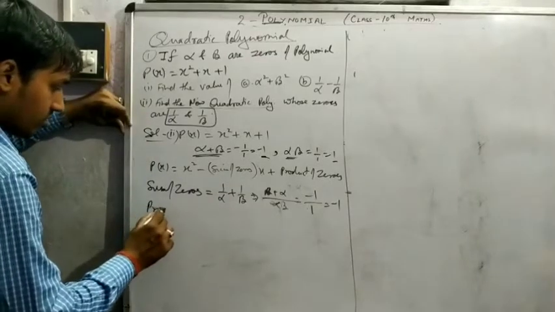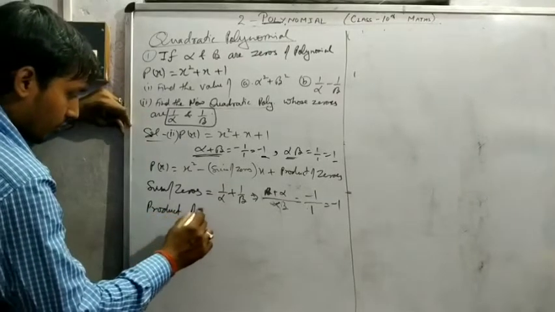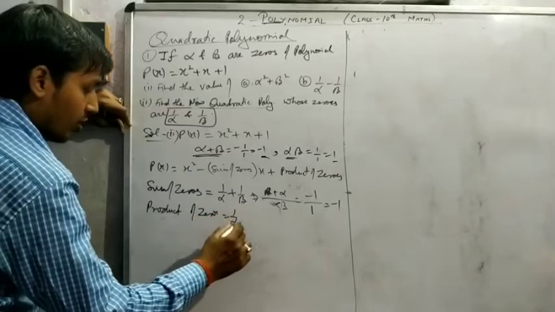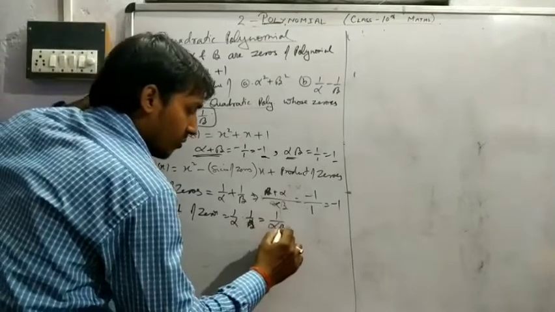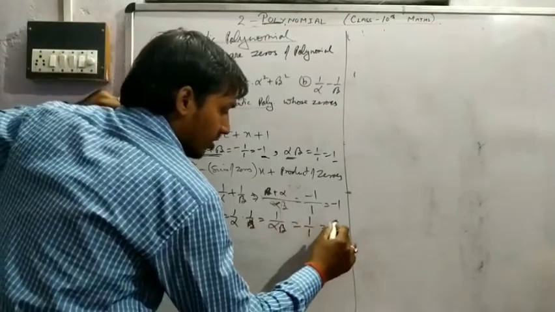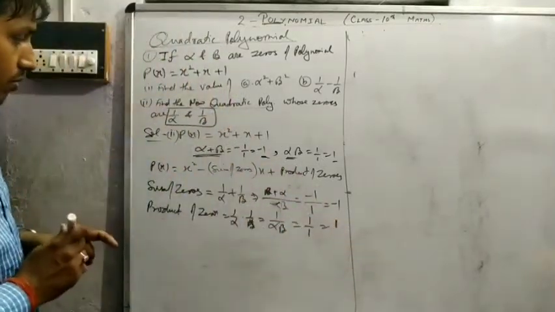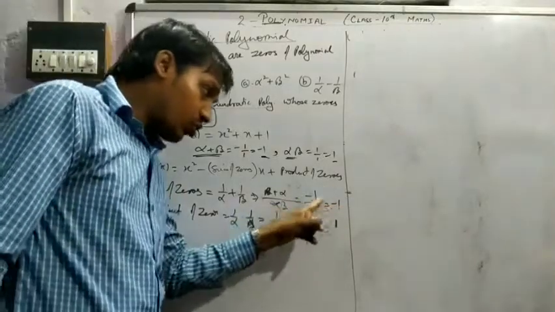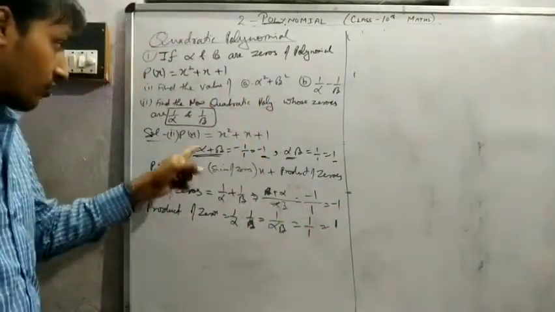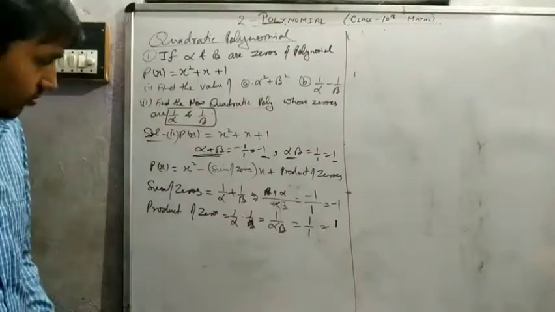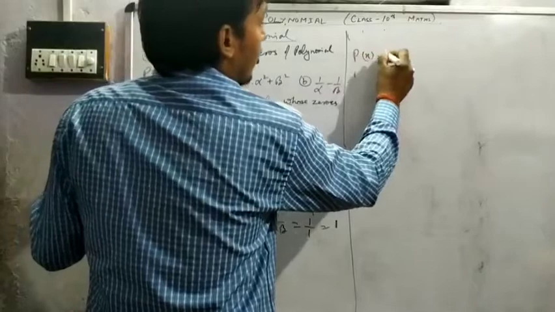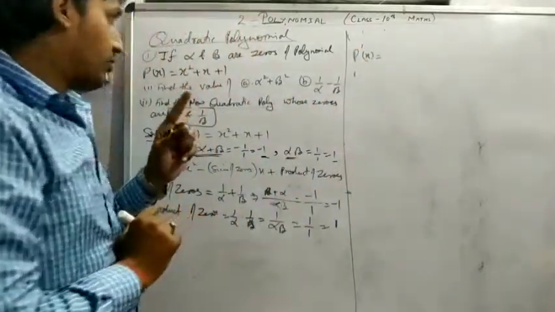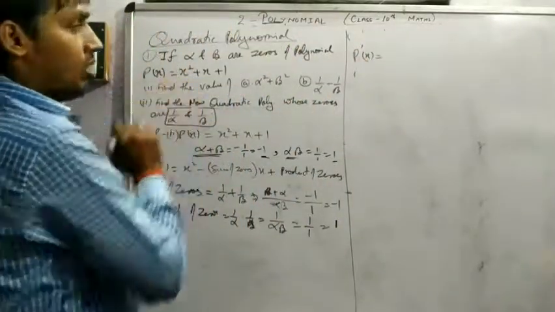Then you find the product of zeros, 1 upon alpha into 1 upon beta, 1 upon alpha beta, that is 1 upon 1, that is 1. Means you get the new sum and new product of the new zeros. Then put in the formula p dash of x, we have to use dash because p of x is already given.